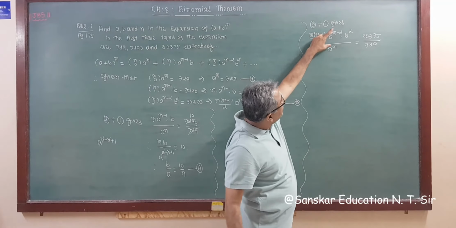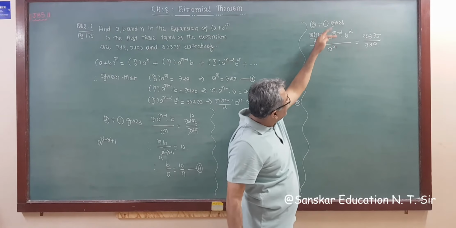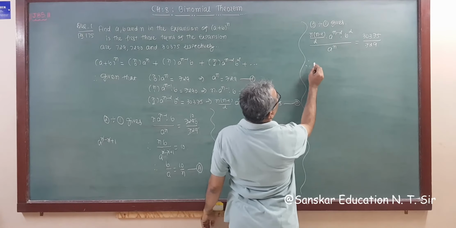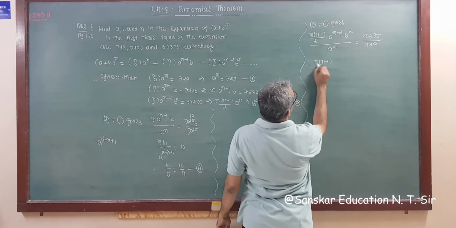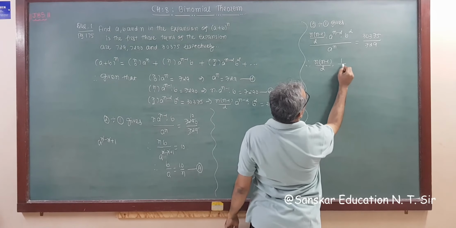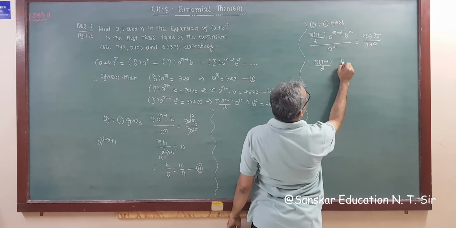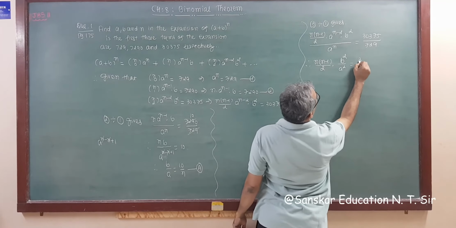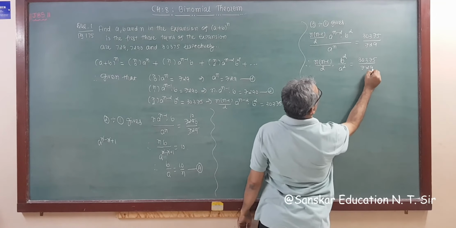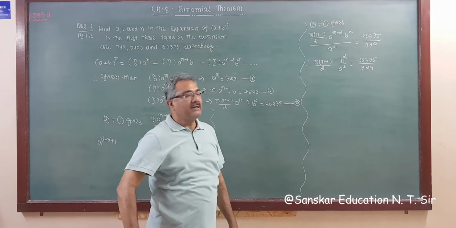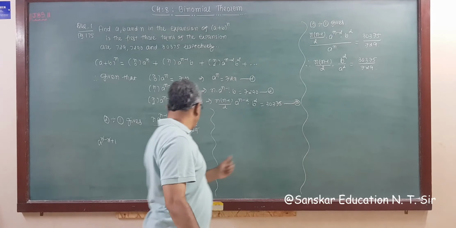Now taking these two here, a raised to n will be cut, and minus 2 becomes plus 2. So what we get is n into n minus 1 by 2, into b square upon a square, is equal to 30375 upon 729.